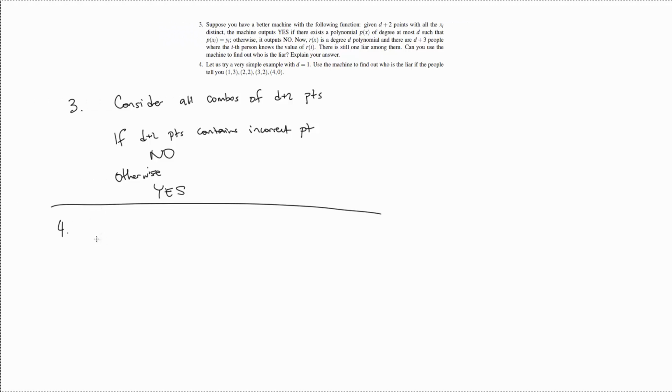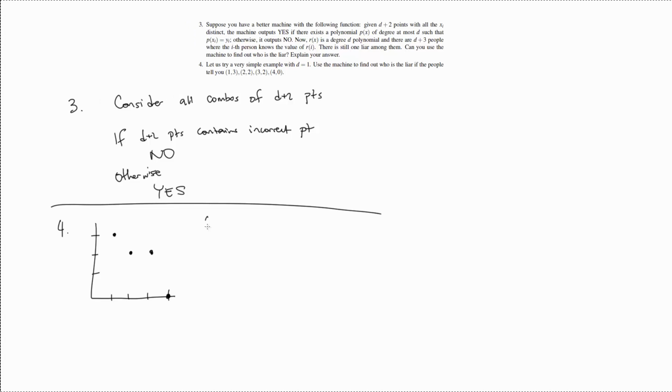If we plot the 4 points given, we get (1, 3), (2, 2), (3, 2), and (4, 0). Now let's consider all possible combinations of 3 points.